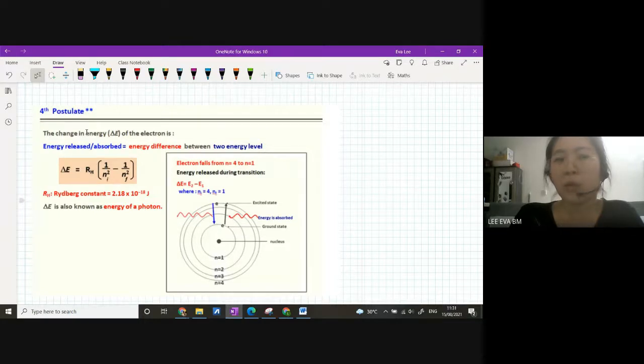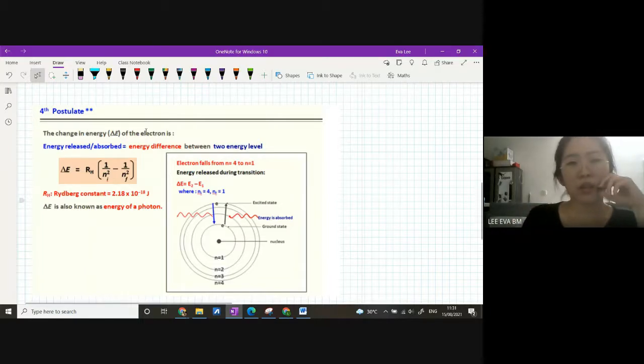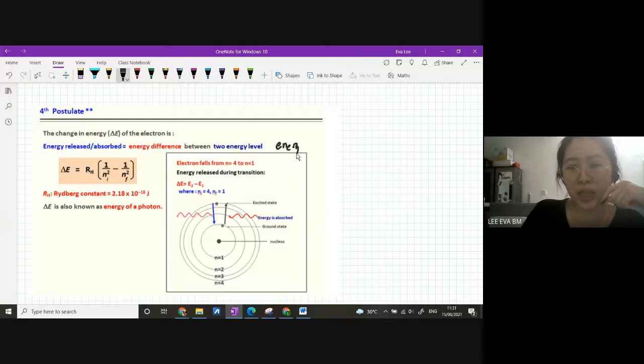So formula ini adalah untuk awak punya fourth postulate. The question may say energy release, energy absorbed, energy difference, or energy change. So semua ini adalah terminologi yang awak kena faham lah.